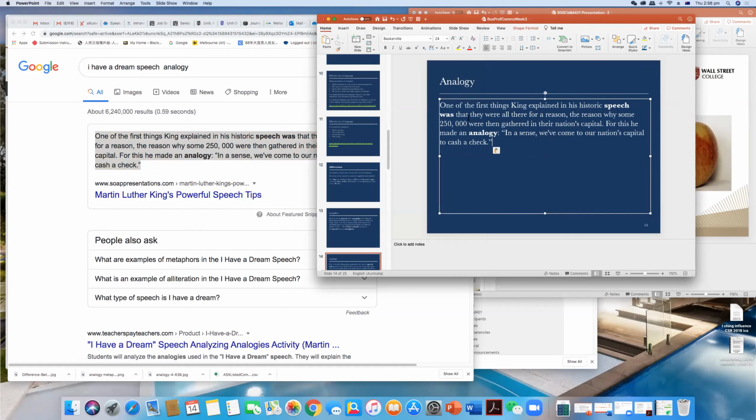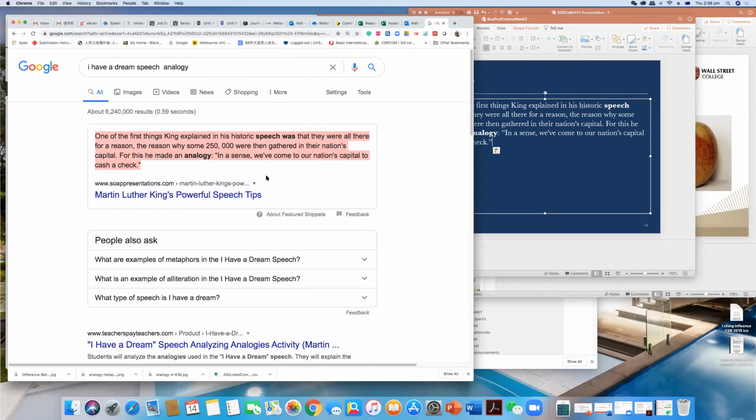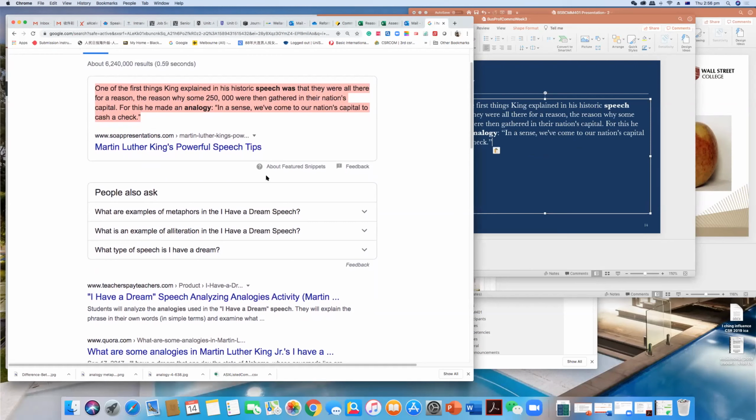And he mentioned, America has given Negro people a bad check, a check which has come back marked as insufficient funds. Like here.